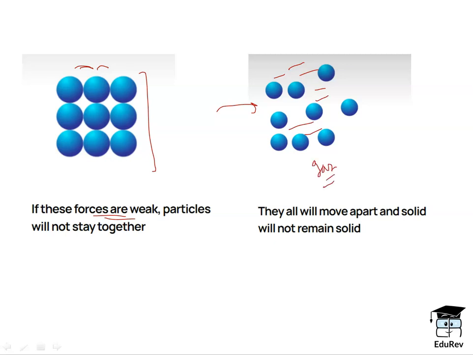Whereas in solids, the intermolecular forces are strong, so they keep intact, or they attain a particular shape, and they are difficult to separate. That's why we can see that it is very difficult to cut a solid or to separate it, but it is very easy to separate the molecules of gases.